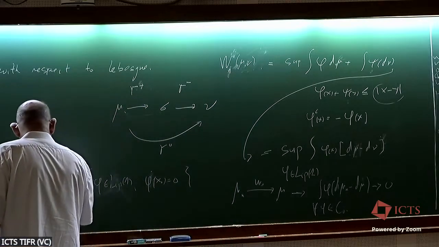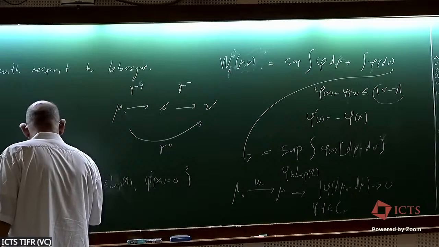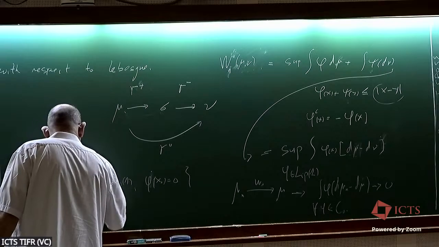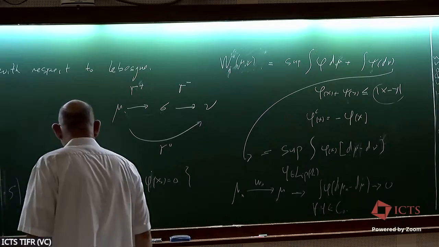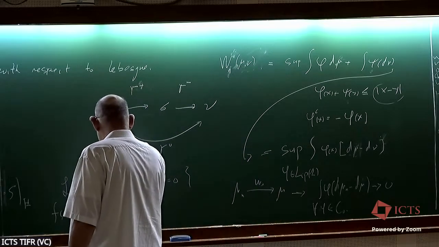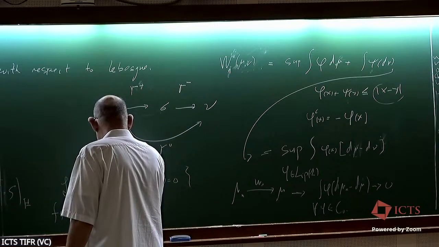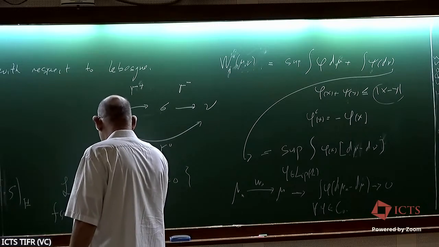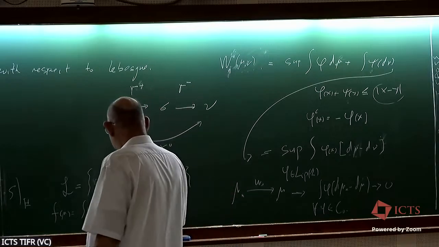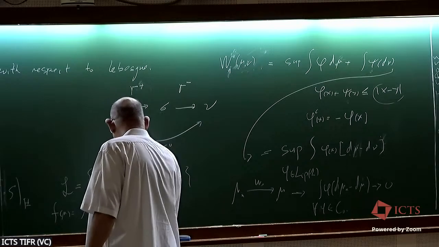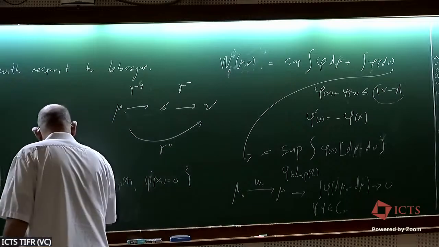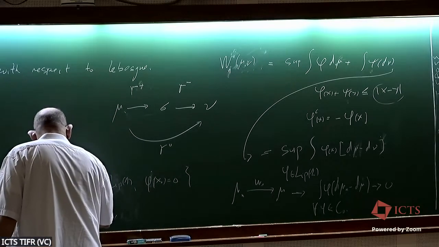If you look at, for any mu, the functional f mu of phi equal to the integral of phi d mu, all these functionals are equicontinuous on the space C0.